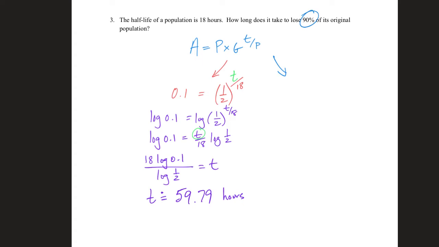So what I could say then is my growth is 10%. Okay. The question asked me, how long does it take to do that? And how long does it take to do that is by definition my period.